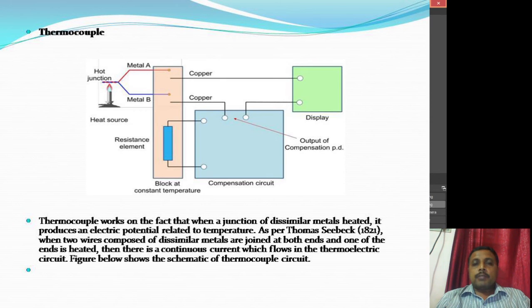So a thermocouple will have two dissimilar metals. When it is heated, it will provide an electrical potential which is related to the temperature. When one end of the two metals which are joined is heated, there is a current flow in the thermoelectric circuit. You can see that in the sketch above.